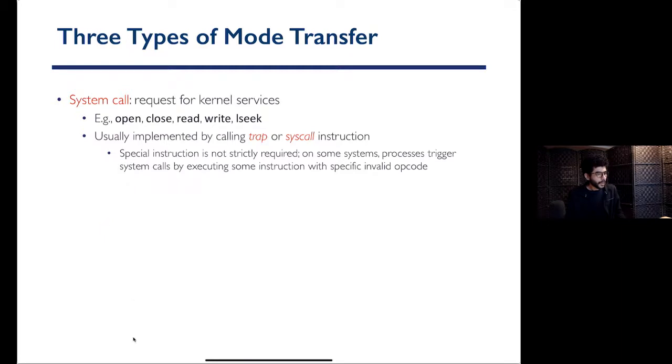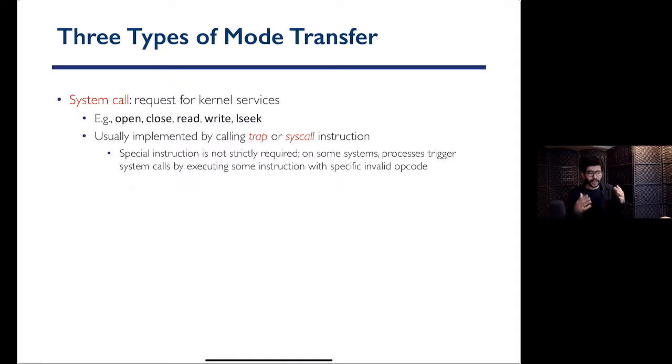Okay, continuing. So the first one is system call. So this is like open, close, read, write, lseek, when you open a socket. These are basically the services that the operating system provides. If a user calls any of these, it means that it needs help from the operating system to, for example, open a file, or to read a file, or to write to a file, or open a socket.